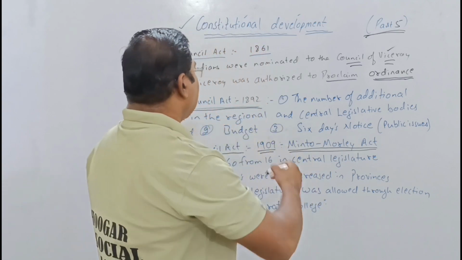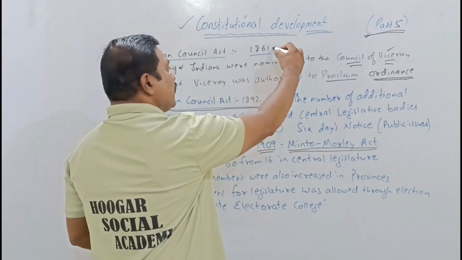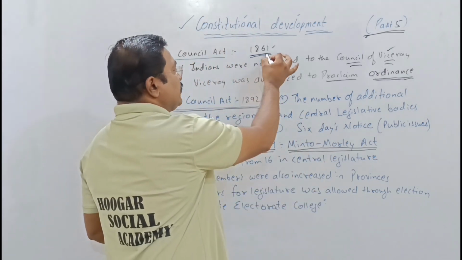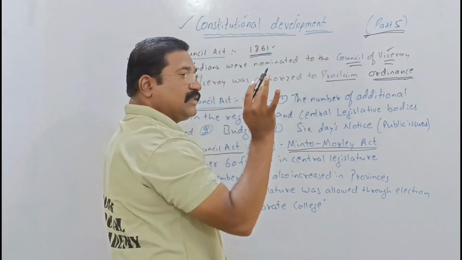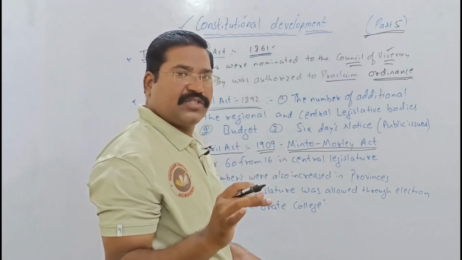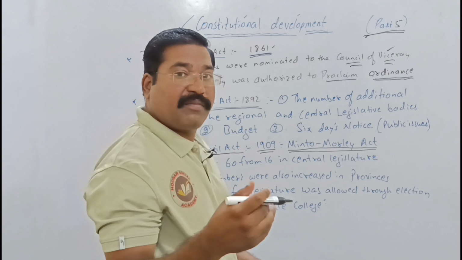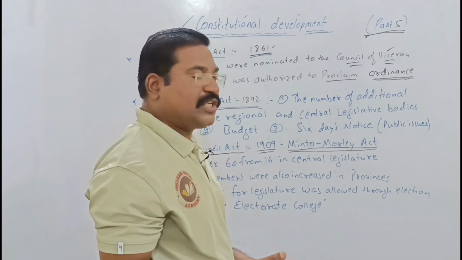He can go beyond that and introduce the law. The 1861 Act says so. But this gave Indians the opportunity to understand what different laws were being framed by the East India Company.